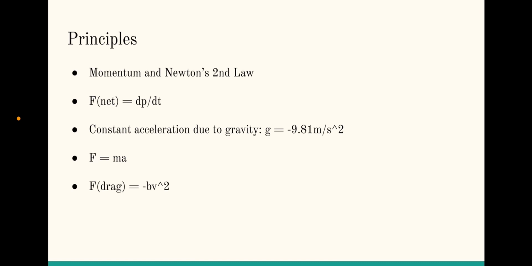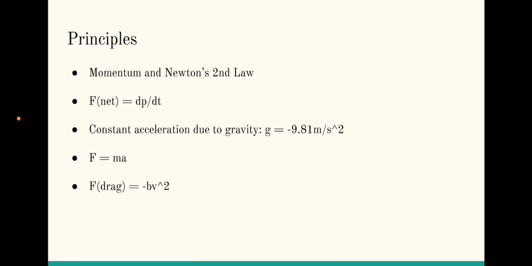The main principles used in this lab are momentum and Newton's second law. We use the equation that net force is equal to the change in momentum over the change in time. And then we used constant acceleration due to gravity as g equals negative 9.81 meters per second squared.